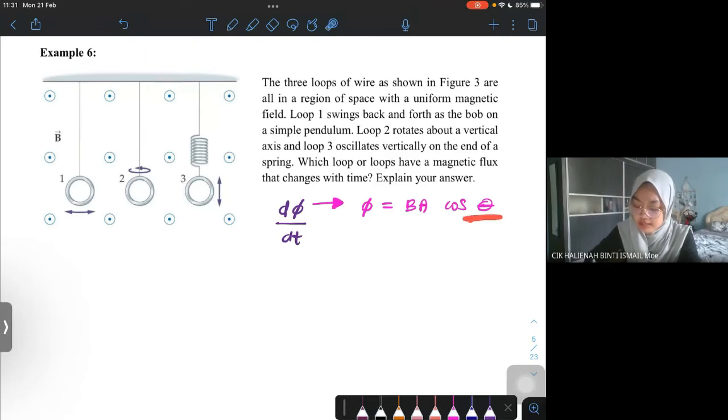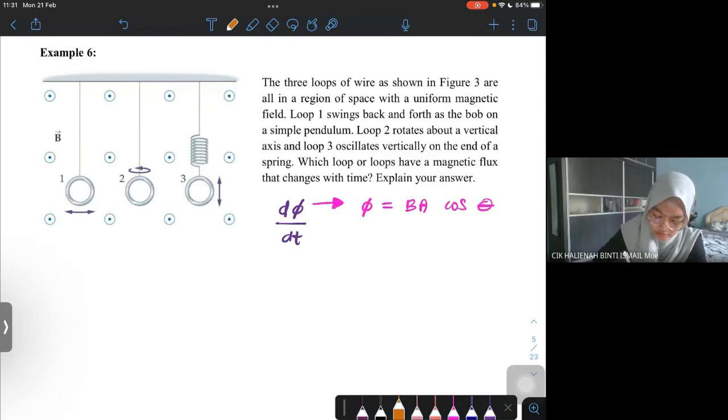So angle dekat sini berperanan sebagai perubahan kepada magnetic flux. So kalau angle tu 0 degree, cos 0 sama dengan berapa? Cos 0 1 ke? So kalau angle tu adalah 0, kita tidak akan produce magnetic flux.